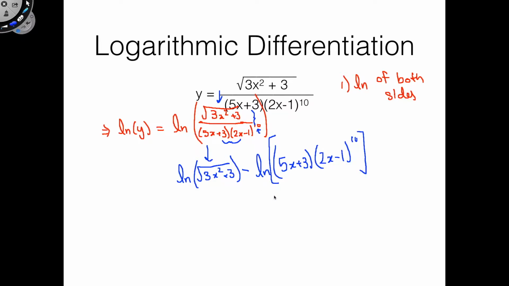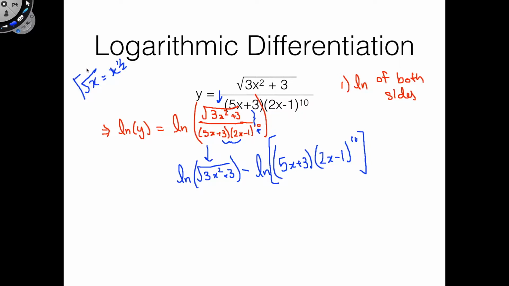Okay, so now let's see if we can simplify this any further. Over here, can we break this down any further? The answer is yes, but why? What can we do with the square root? Well, remember that the square root of anything is the same thing as taking it to the 1/2 power, right?